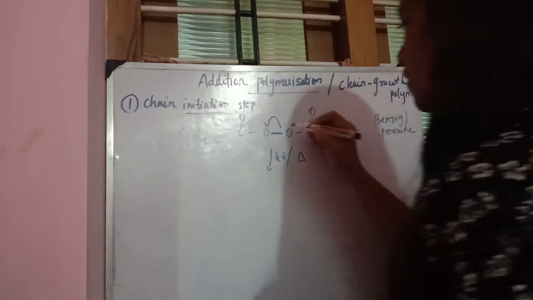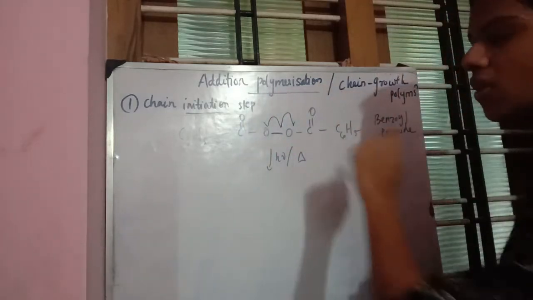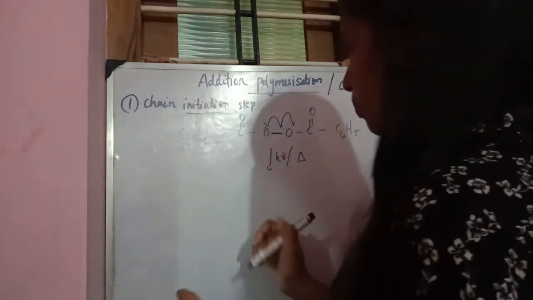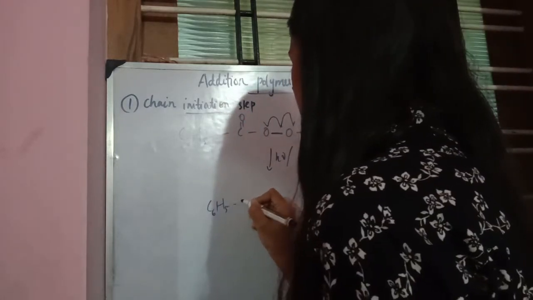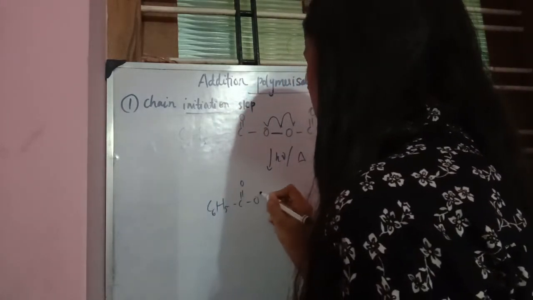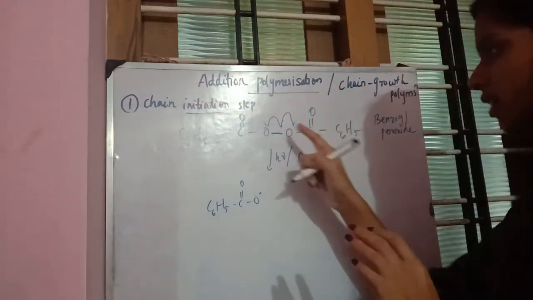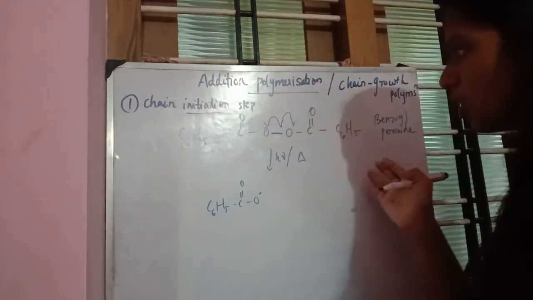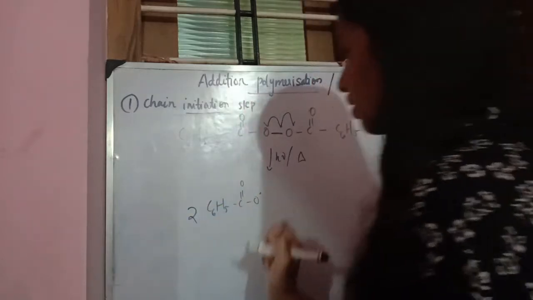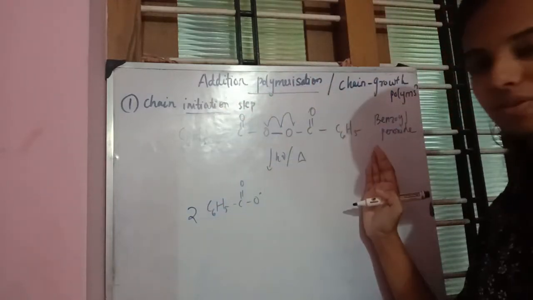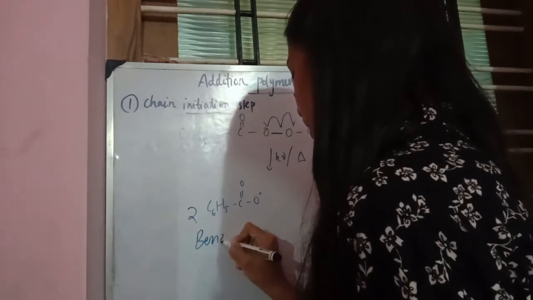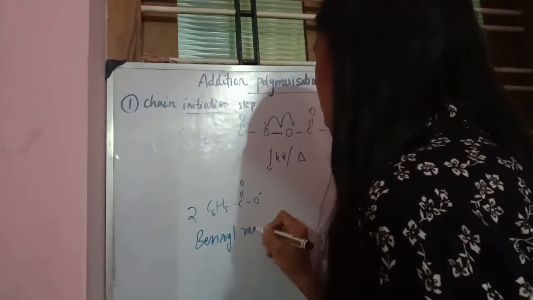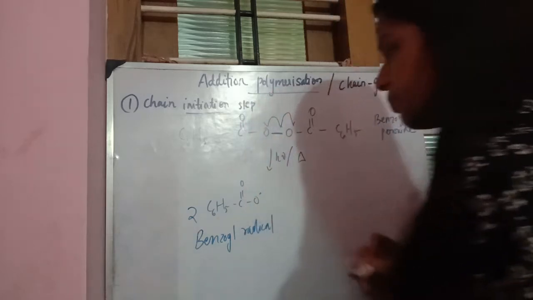One electron shifts over this oxygen atom and the other electron shifts over that oxygen atom, which leads to the formation of free radicals, that is C6H5CO-O radical. As a result of homolytic fission, two such radicals are formed, right? One from here and the other from here, and the name of this radical is benzoyl radical. Okay, benzoyl radicals are formed.